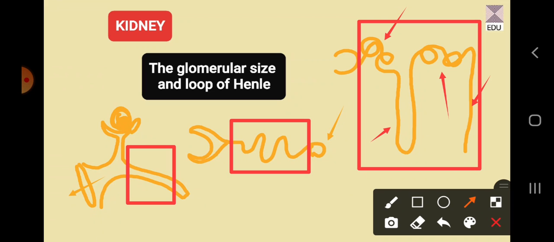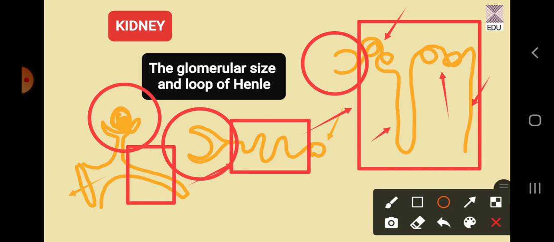Now this is the evolution in the capillaries of the nephron. What has not changed is this particular part. It is the Malpighian corpuscle, and this is present in all the three sections.